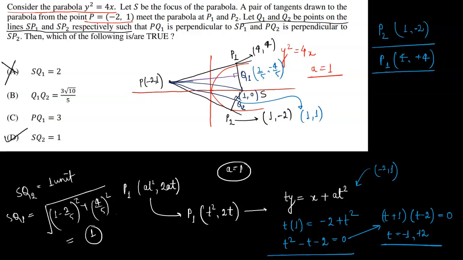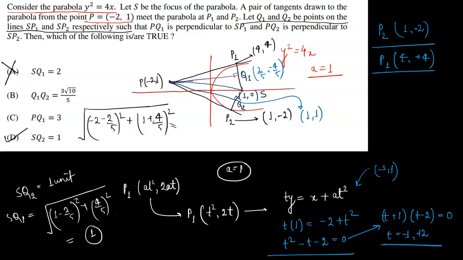Option A is wrong. Let us see this PQ1. PQ1 will be the distance: minus 2 by 5 whole square plus 1 plus 4 by 5 square. So it will be 10 plus 2, 12 by 5 square plus 9 by 5 square.